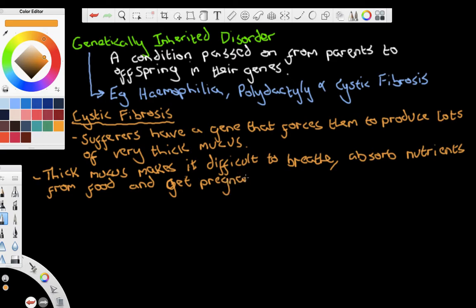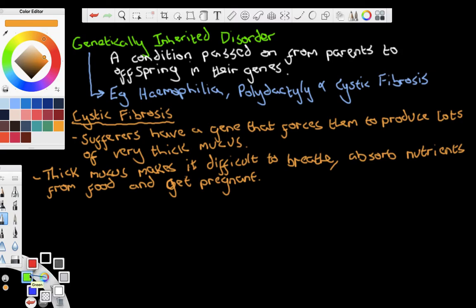Okay, so if you have cystic fibrosis, it can make it very difficult for you to breathe, it can make it very difficult for you to absorb nutrients from your food, and it can make it very difficult for you to get pregnant. This is because you produce a very thick mucus which stops these things from happening efficiently. This is because the sufferer has a specific gene that causes them to have this problem.